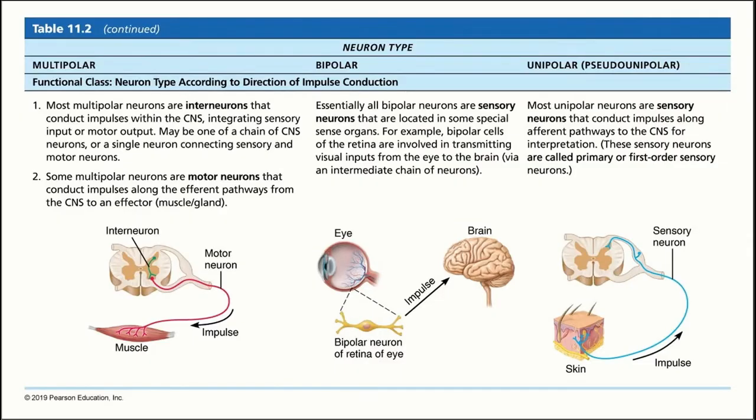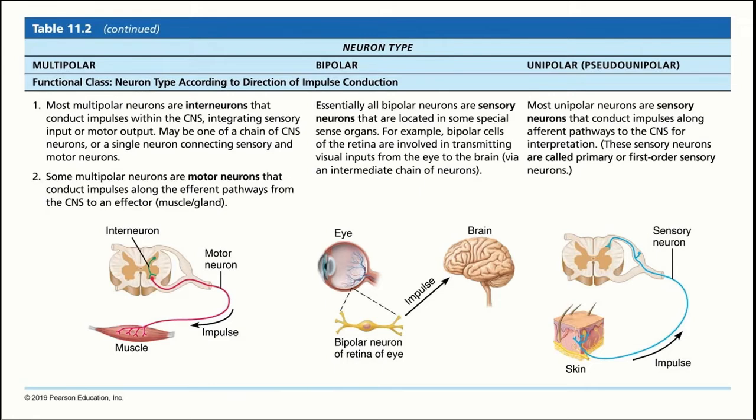So multipolar neurons function in two ways, and we'll take a look at that on the left side of this table here. Multipolar neurons can function as interneurons, and interneurons are neurons that relay information within the central nervous system. These interneurons, which are also called integration neurons, essentially help to connect the sensory input function to the motor output functions of the nervous system.